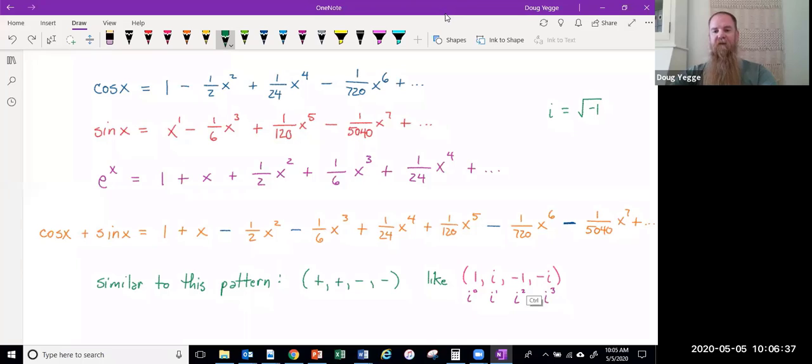So this consistent pattern of powers of i is very similar to the alternating signs of positive, positive, negative, negative. So maybe there's a way for me to include the i values in addition to the values that we have here in order to get those alternating signs to occur.